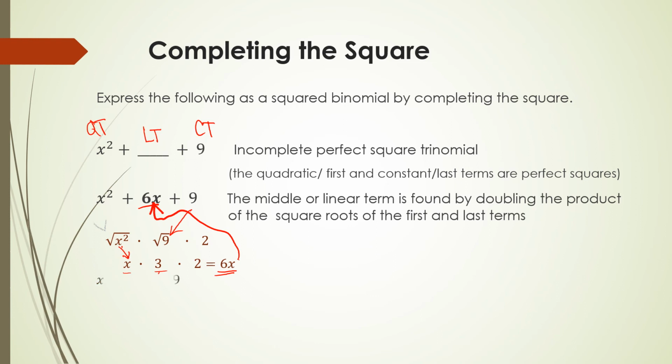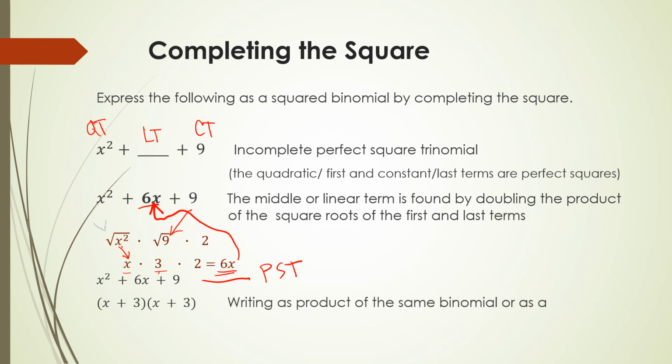Okay? Next. Since x squared plus 6x plus 9 is a perfect square trinomial, pwede mo na siyang i-express as x plus 3 times the quantity of x plus 3.